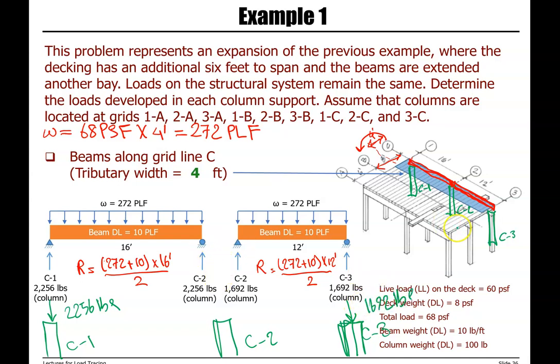And again, one more time, when we get to the middle column, we have two beams sitting on that column. So you need to add reactions together to calculate the total load transferred to the middle column.